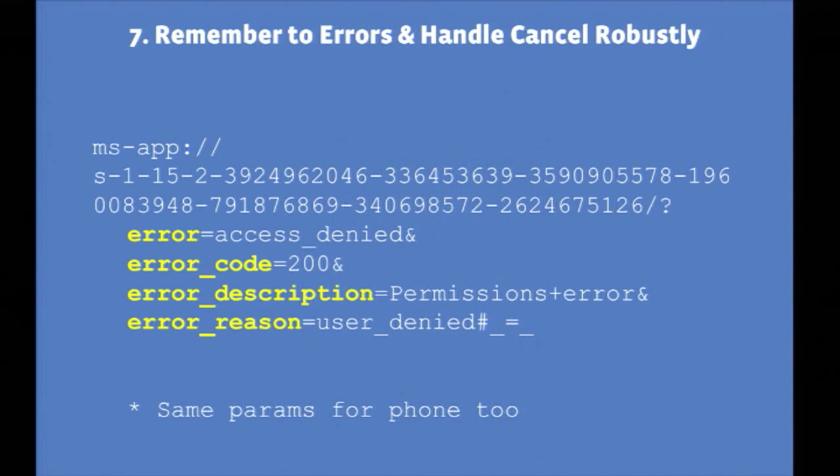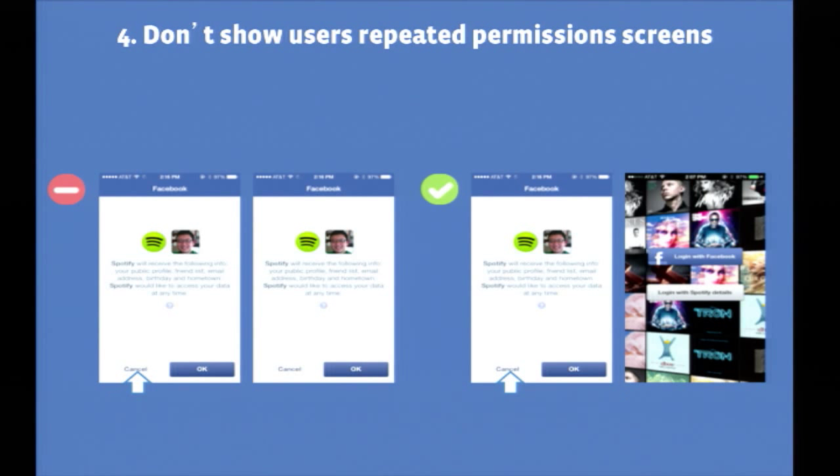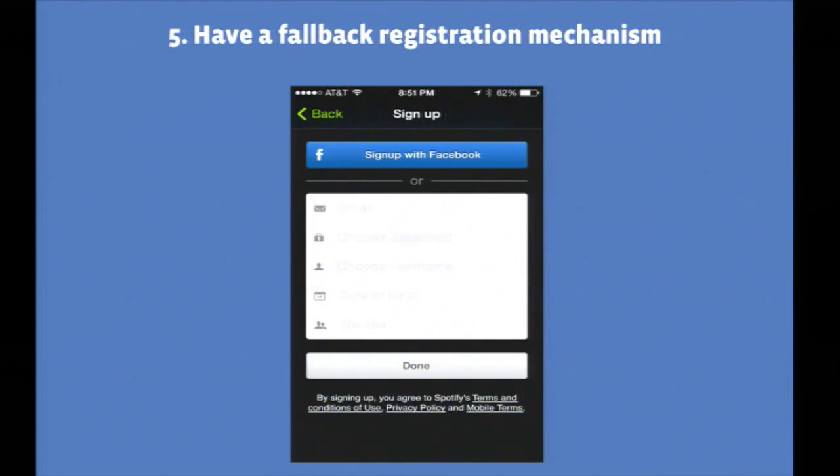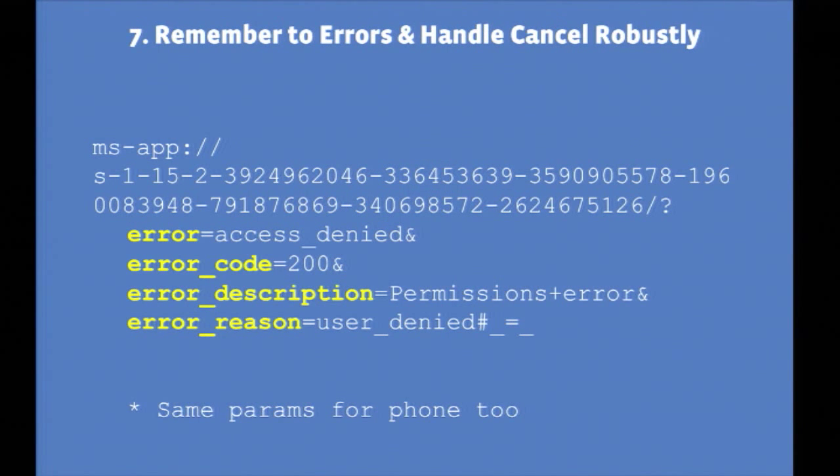The other thing, which is surprising actually, is that lots of apps don't handle when the user cancels. Back here I had this cancel highlighted. Lots of apps don't handle that correctly. I've seen in multiple apps where it's not necessarily that the app is broken, but you end up on a blank page, and what the user was trying to do actually happened, but they have no feedback, and then your app just seems broken.